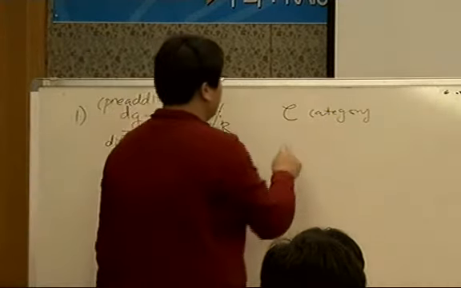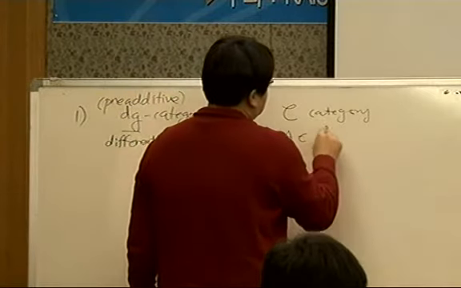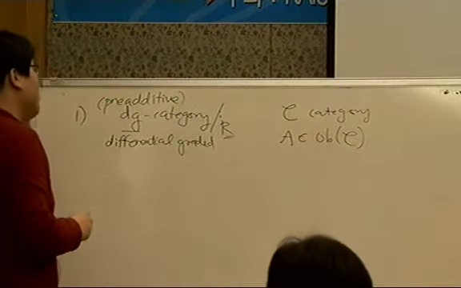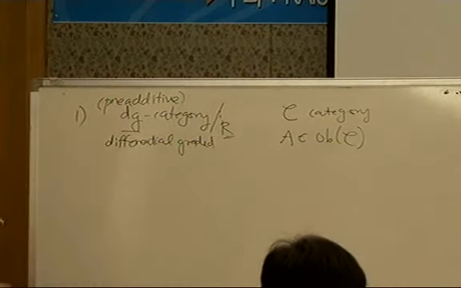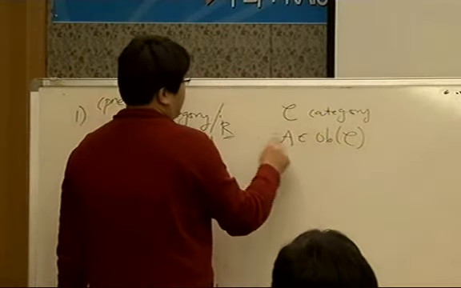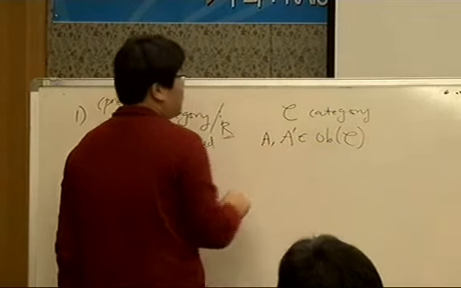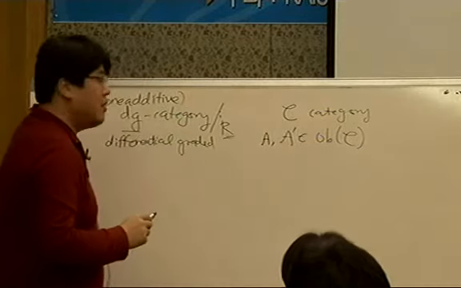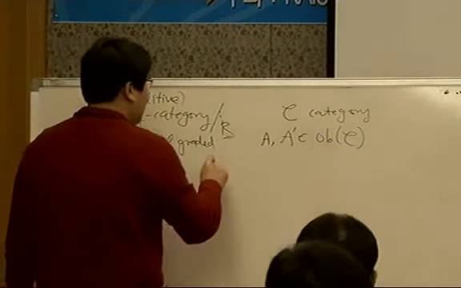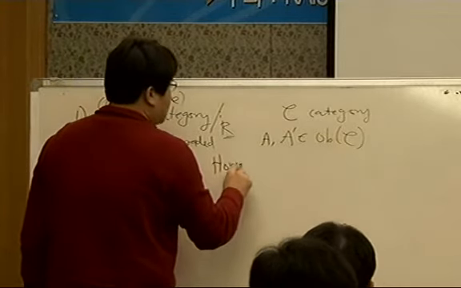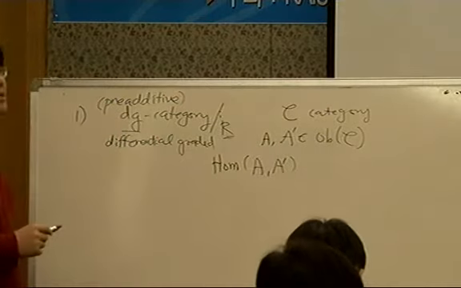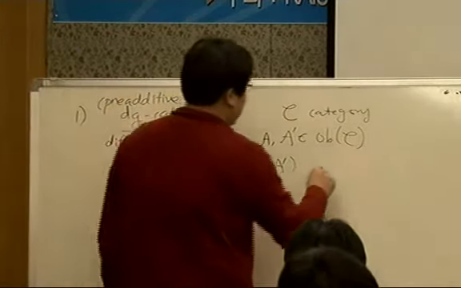C is a category, and for each object we don't really do anything; we suppose that there is an object. But for a DG category, we do something for the morphisms. Suppose we have two objects, A and A prime. For a category to be DG, differential graded, we require that Hom from A to A prime is a complex.